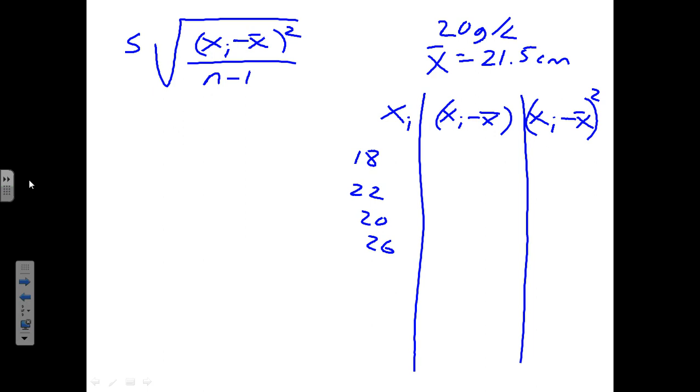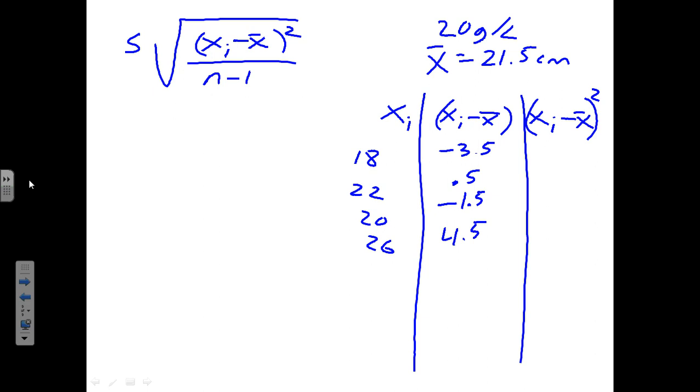Those were our data points. So then we're going to subtract the mean from each one of those. So we're going to go 18 minus 21.5. Get negative 3.5. 22 minus 21.5. Get half, 0.5. 20 minus 21.5, get negative 1.5. And 26 minus 21.5, and get 4.5.